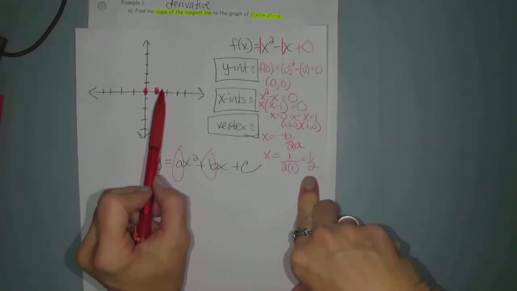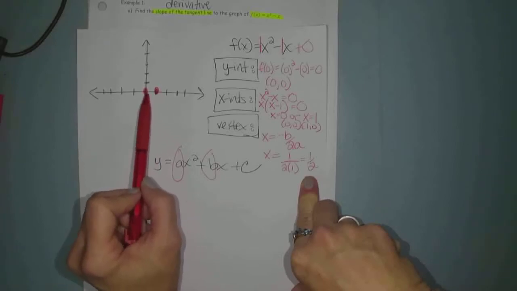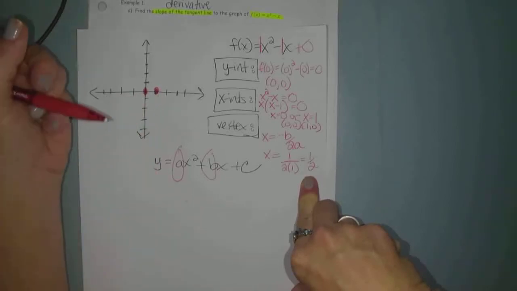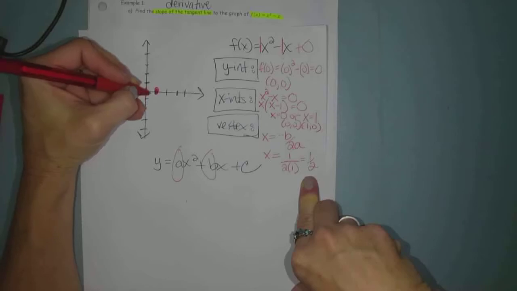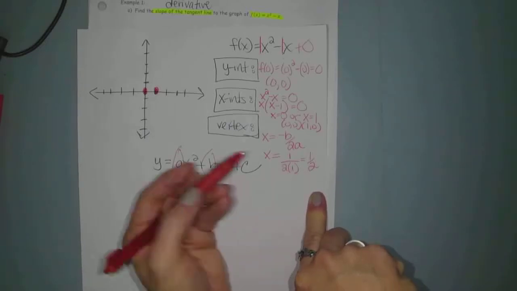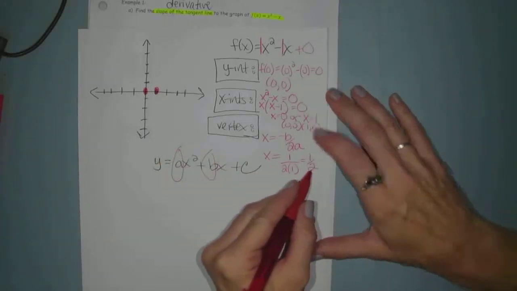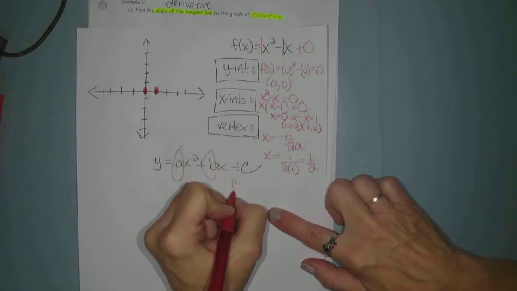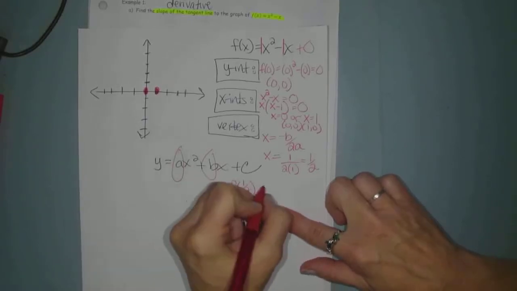Now, because my x-intercepts are nice integer values, I know that the vertex lies halfway between. So I could have seen that from up here, that halfway between 0 and 1 is a half. And then to get the y value that goes with that, I simply do f of 1/2.